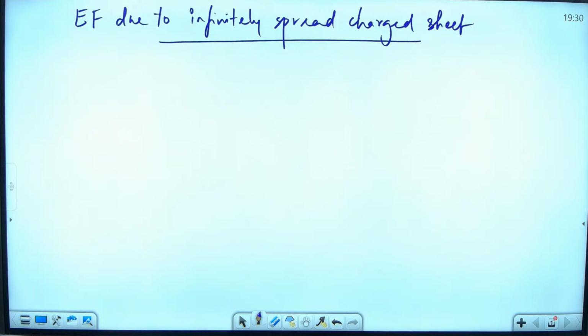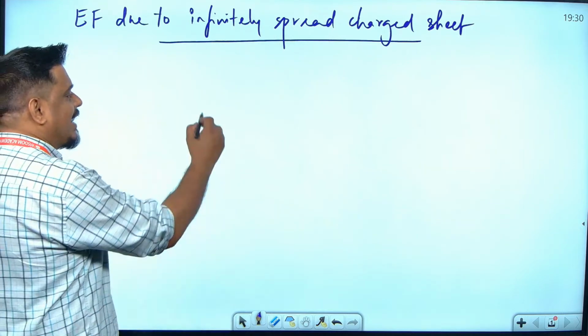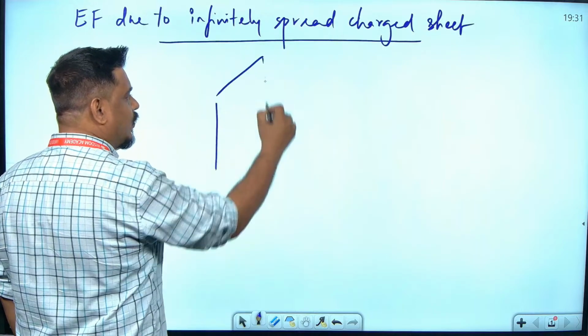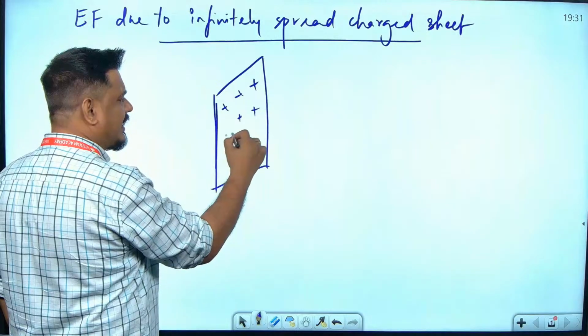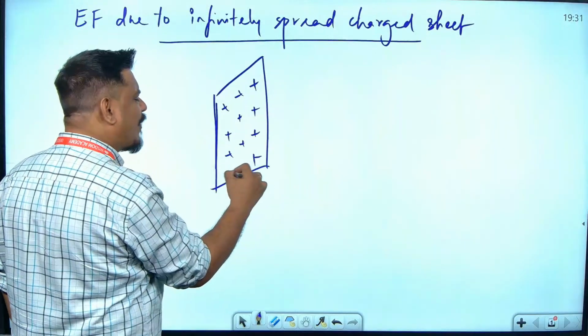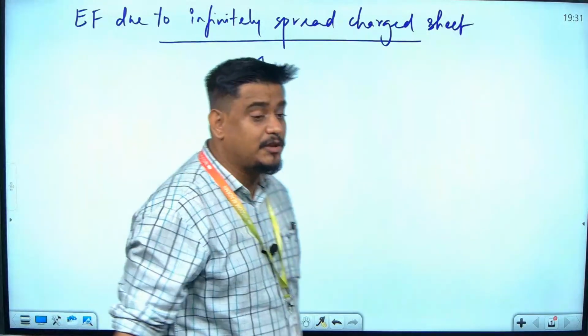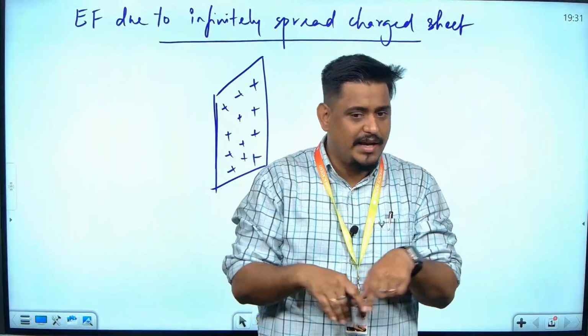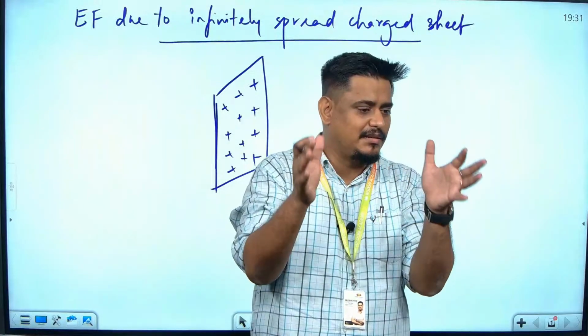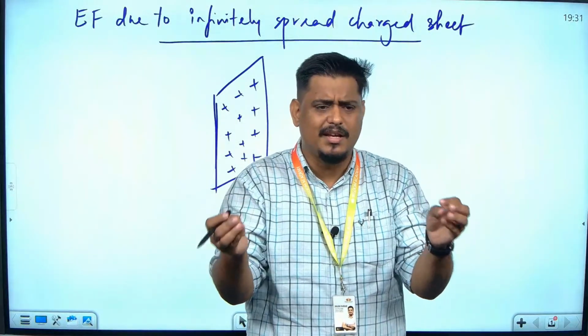Focus here. Right. So what I am going to do is take a sheet which is charged. I can take any charge, positive or negative, and here I have drawn a finite sheet, but I am doing this derivation for an infinitely spread sheet. So I don't have a finite area defined. It is not something like 10 square meters or 15 square meters. It can be even 1 square meter.